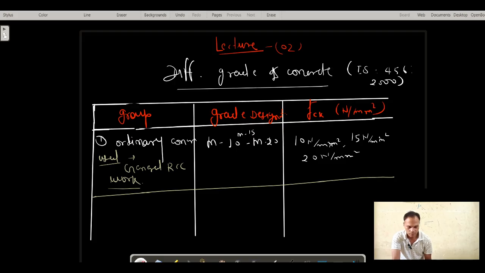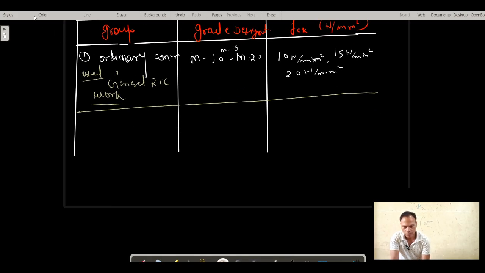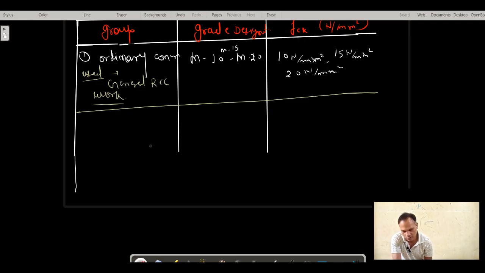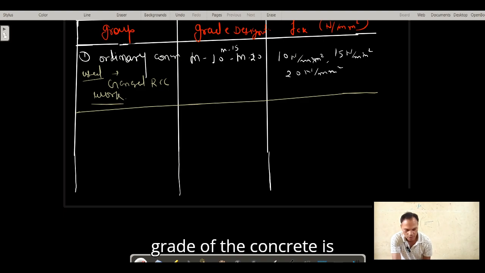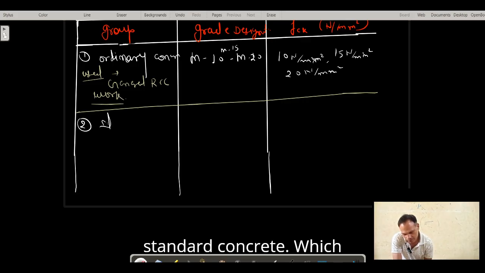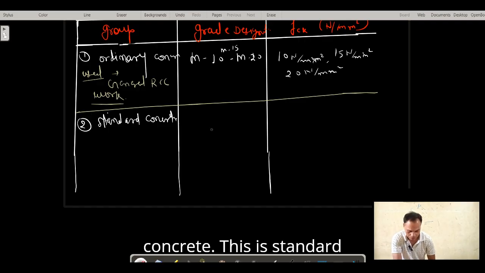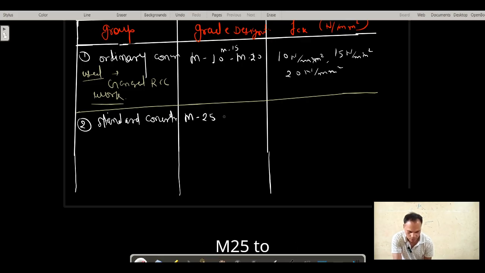Now, the second type of grade of concrete is standard concrete. This standard concrete is from M25 to M60.